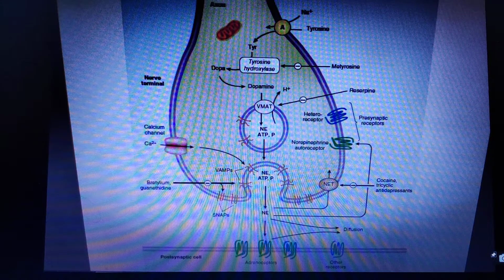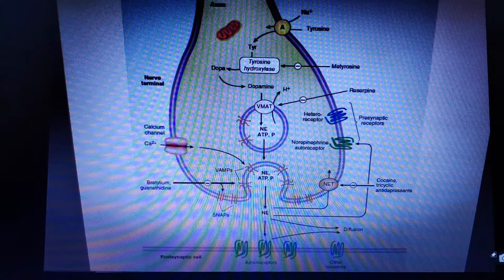Like acetylcholine in the parasympathetic system, there is noradrenaline as a neurotransmitter in the sympathetic system. If we see the sympathetic nervous system as we have seen in the previous slide, in this also the noradrenaline is synthesized in the nerve cell, and the precursor of noradrenaline synthesis is tyrosine.